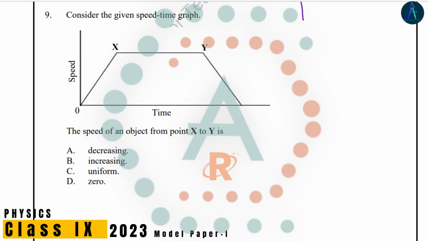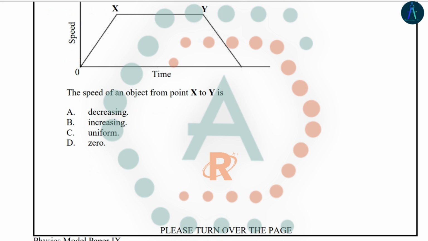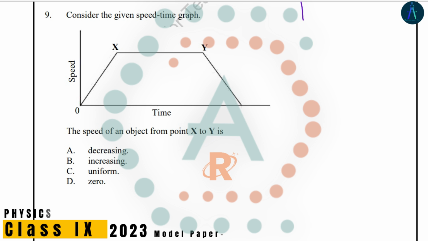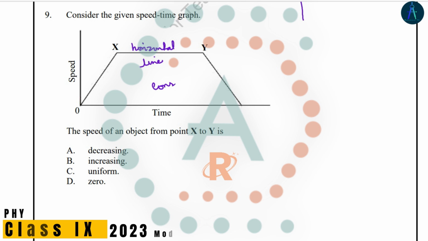Now let's see question number 9. We are given a speed time graph, and we have to identify the speed of an object from point x to y. As we can see, in this graph we have a horizontal line, and in a speed time graph, the horizontal line always represents that the velocity or the speed is constant.